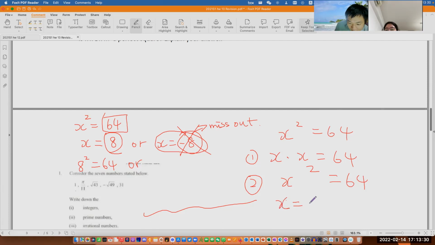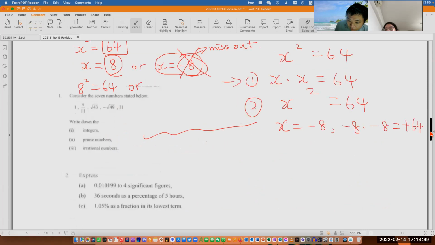If you use the first option, you will get negative 8 times negative 8. Like you say, negative, negative, positive. 8 times 8, 64. So you will get positive 64.